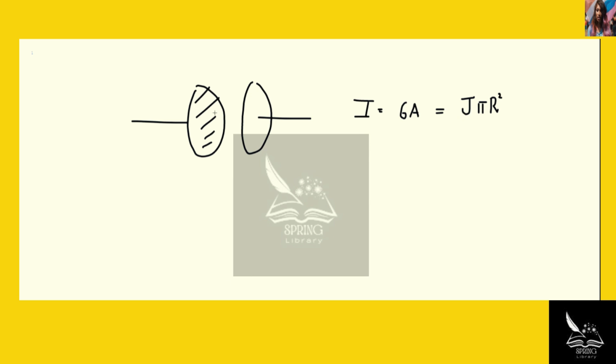So the current at any given radius r, suppose we take a small radius r, the net current inside this radius will be J times pi small r squared, and thus we can write the whole thing as capital I times r squared over capital R squared, where I is the total current over the entire surface.